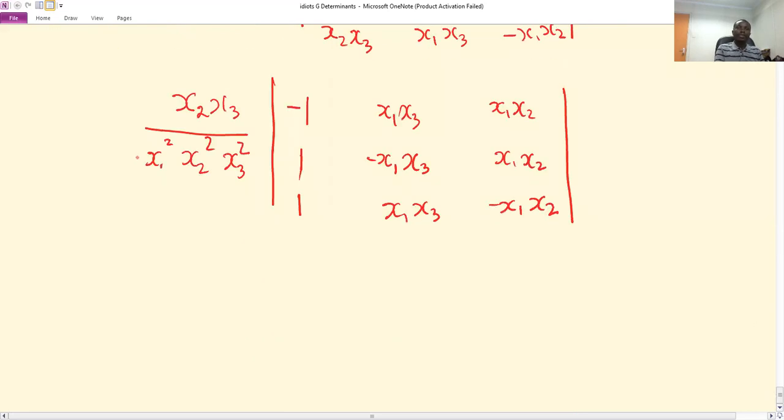Next step, you see this second column, every element has a factor x1, x3. So I pull it out of the determinant. And so I'll have x1, x3 times, this x3 will be now x3 squared.